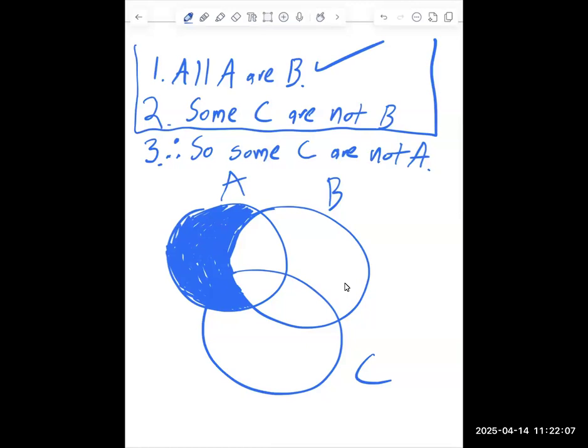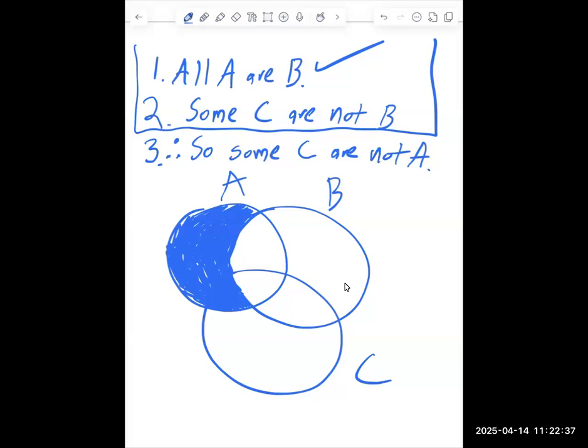Some C is not B. Well, we have to draw something in C that's not in B. We look at our conclusion, some C is not A. Is there any way that we could draw outside B, but also put it in A? No, there's not, right? This part here, where C and A overlap, is blacked in.